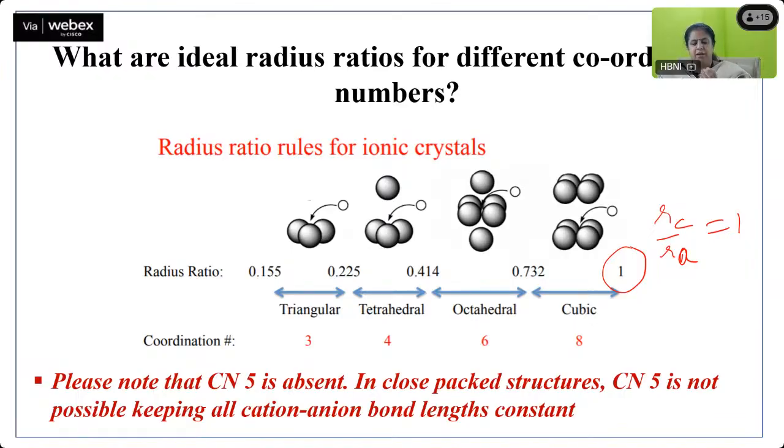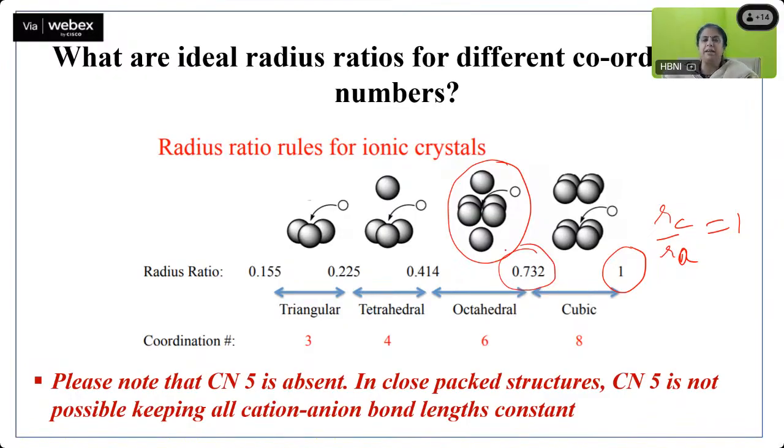Then the ratio starts decreasing, which means either the anionic size has started increasing or the cationic size has started decreasing. So at some point, what will happen? It will not be able to accommodate 8 because it is becoming smaller. So the coordination number will reduce to 6. And at what point will it happen?